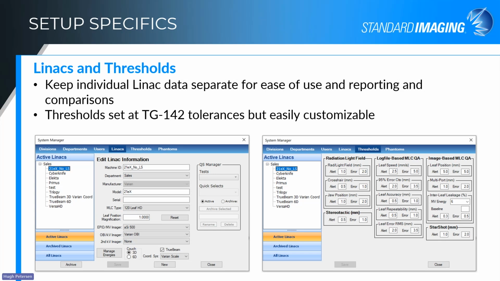The users can be set up with different levels of security. So you have a basic user that may only be able to do the testing, and then you have a higher level of security, say administrator level, that can set up LINACs, set up departments, set up users, and change thresholds for the system, etc.